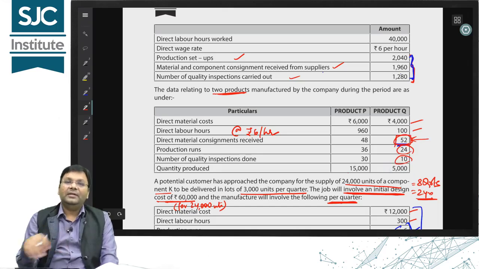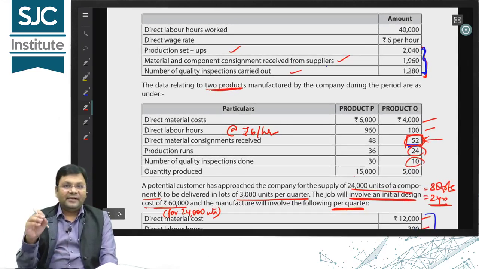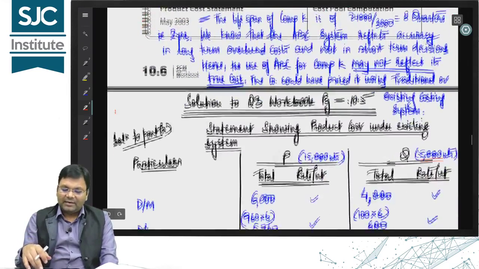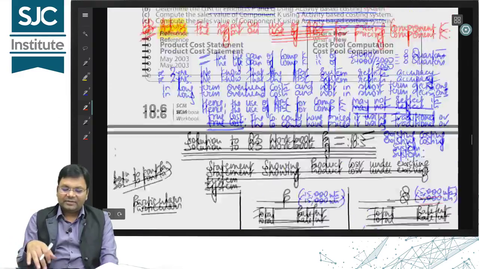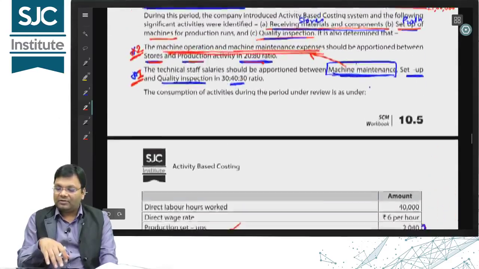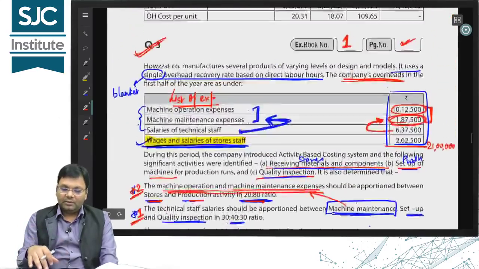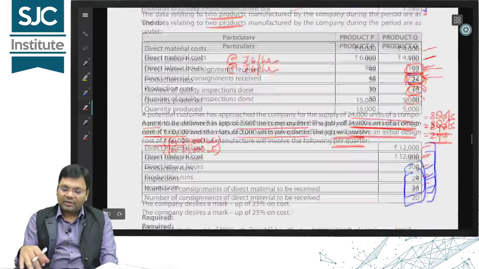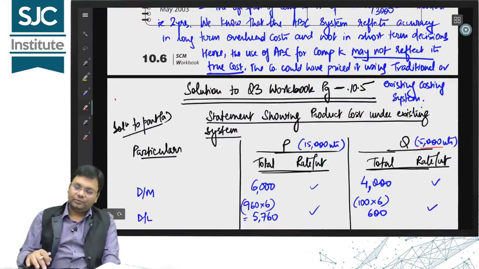So what does this mean? We are buying materials in very small lots. I will suggest you write these points: how to reduce activity based cost of product Q.